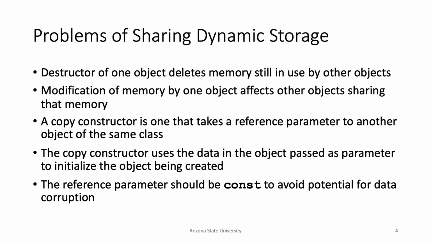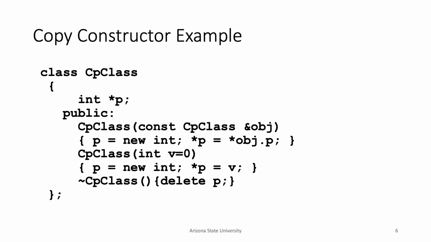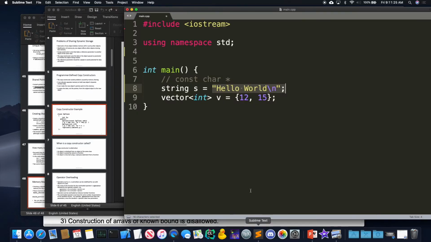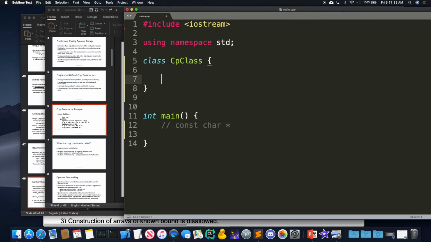I'm going to skip over these because they're not really that important with regard to the copy constructor. So what does a copy constructor look like? I'll actually just do an example and then we'll come to the conclusion we want. Let's say we have a CP class here and I want to make a copy constructor.